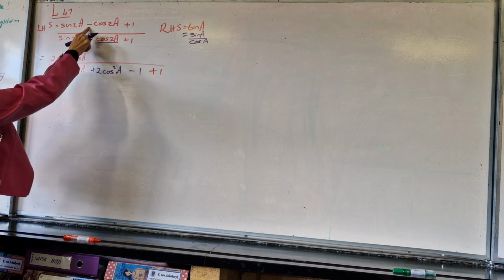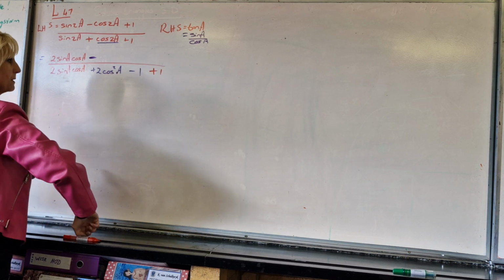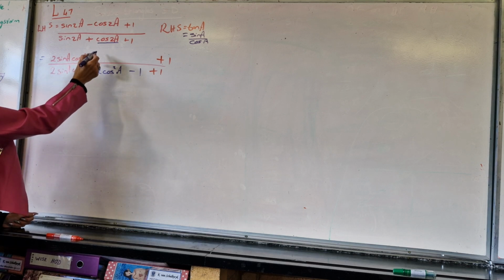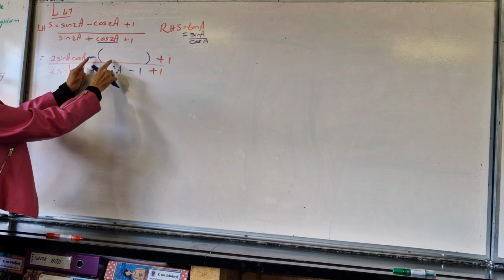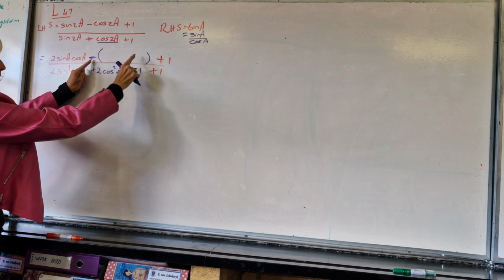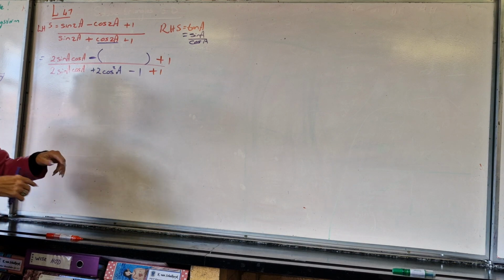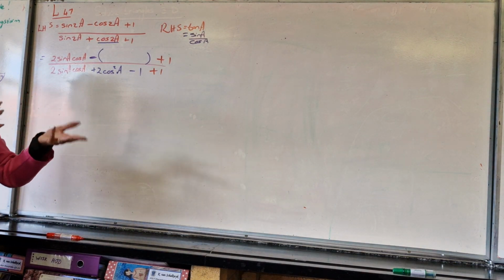But then with the minus 1, also to let it fall away with this plus, what do you think? Now remember, the minus must be in a bracket, so that I'm going to have to times in here, so it's going to have to be a plus 1, so that it's minus 1 and falls away. Are you getting my manipulation of I know where I want to go and how am I going to achieve it?